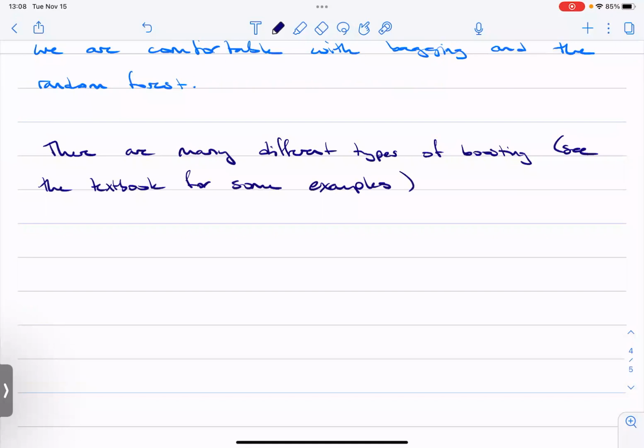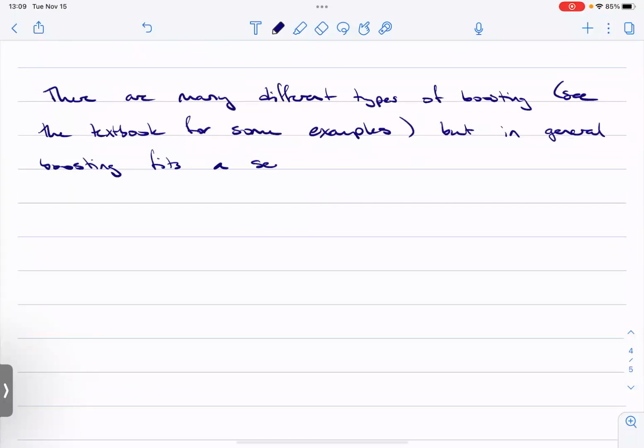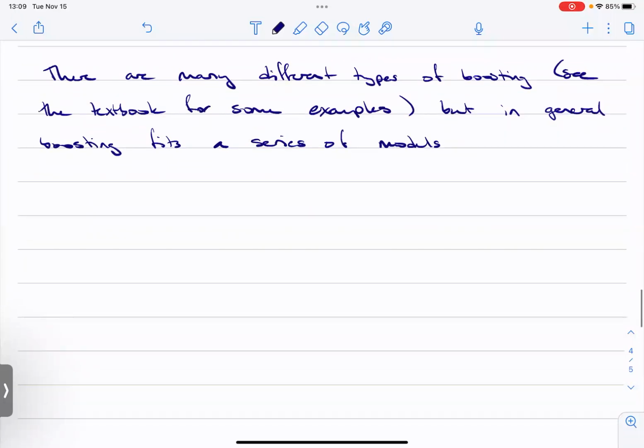But in general, what boosting does is it fits a series of models, and each successive model tries to minimize the error of the previous model. It does some kind of fancy adjustments. But in general, boosting fits a series of models, usually trees.